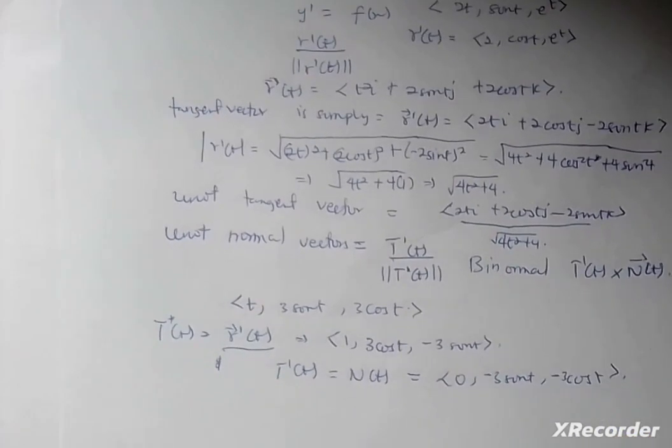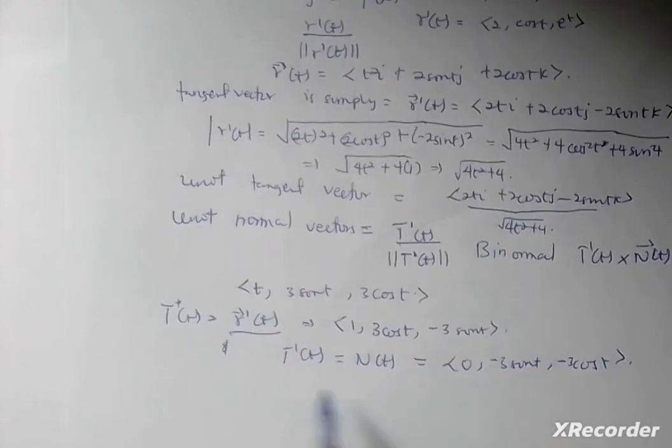That is my normal vector. So the cross product of my normal vector and my tangent vector will give me the binormal vector. So you simply find a cross product between these two.